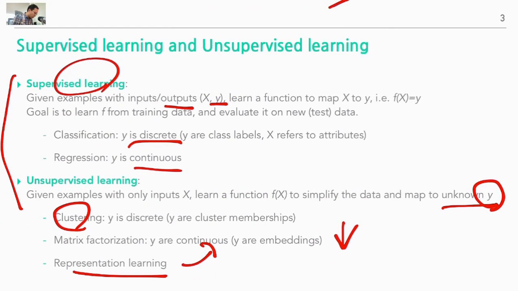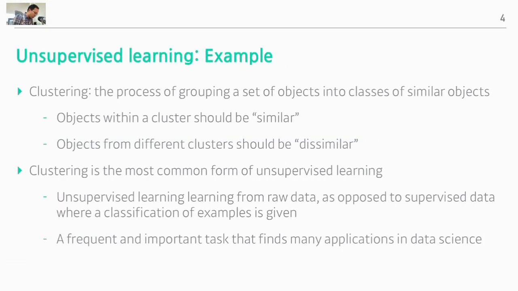So let's start with unsupervised learning. I told you clustering is the process of grouping into classes of similar objects. But here class is not the same as the class label. It is just like grouping a set of objects.